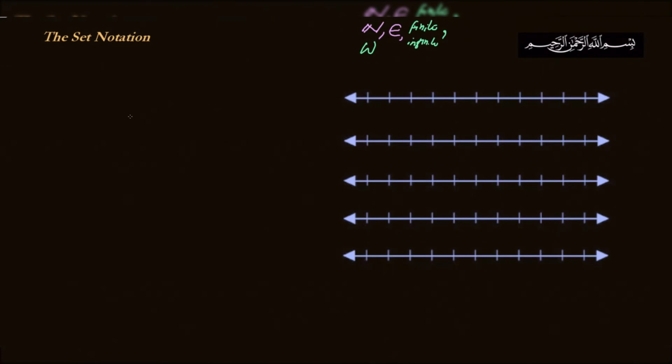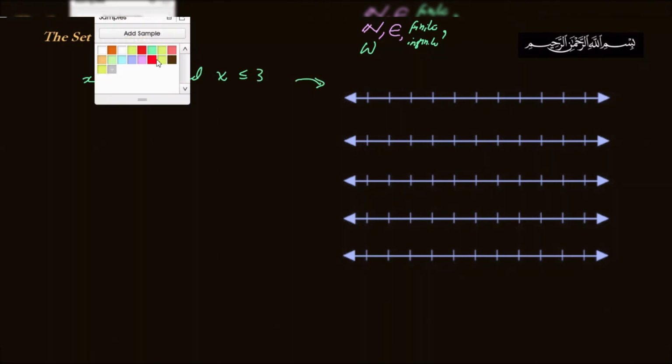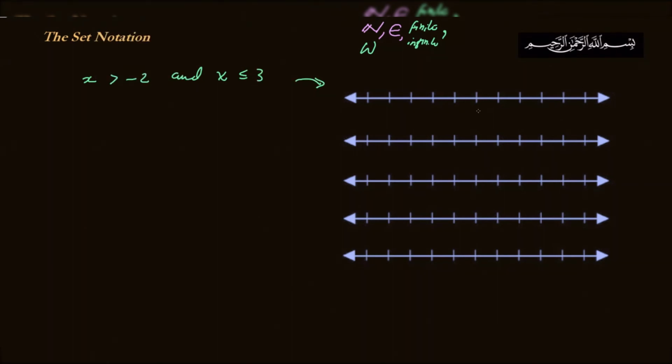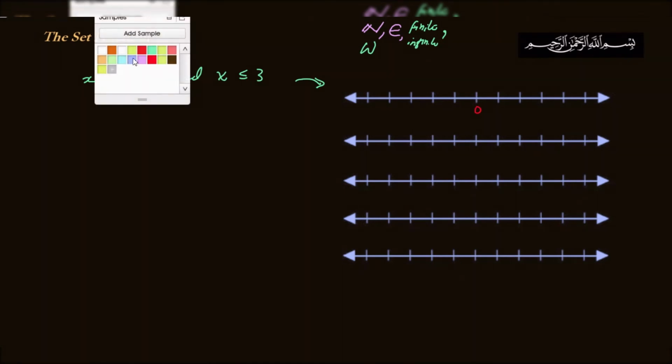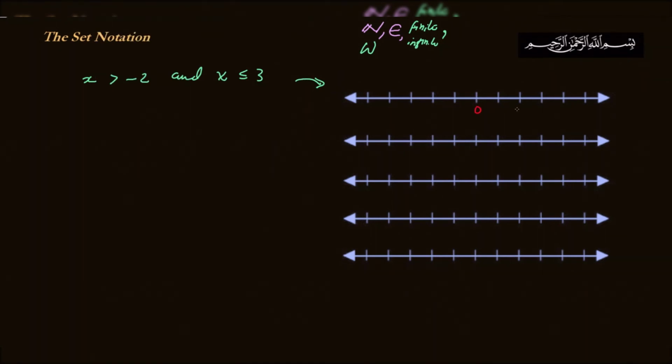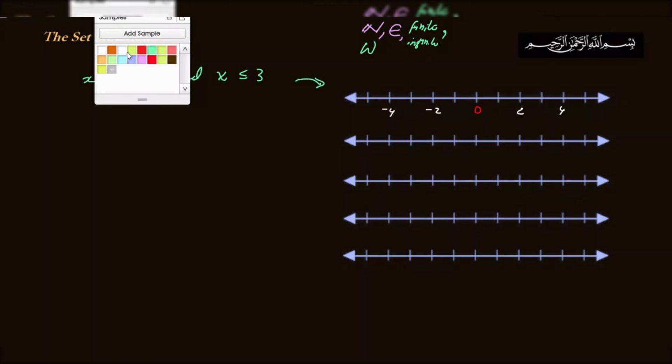So for example, if I have x is greater than -2 and x is less than or equal to 3, and you wanted to express this on the number line, you're very familiar with it, right? So here's 0, and this is 1, 2, 3, 4, and this is -1, -2, -3, -4. And I hope you're comfortable drawing this out.